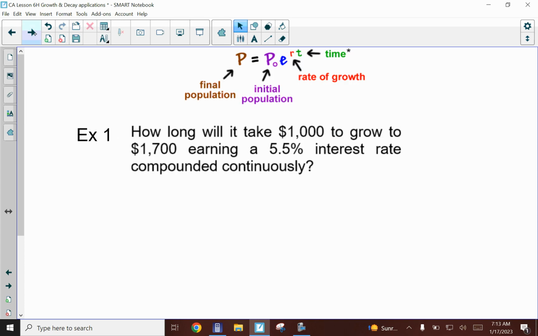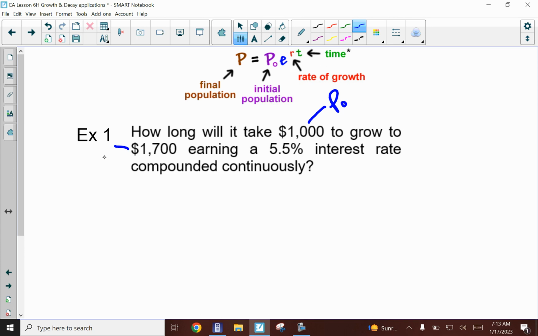So the first one says, how long will it take $1,000 to grow to $1,700, earning a 5.5% interest rate compounded continuously? So this is going to be the initial amount, that's P0 or P naught.